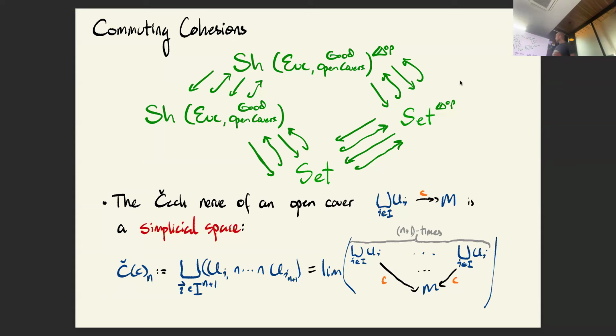It covers M, and then I can take the simplicial space whose n-simplices, it's a space now, not a set, the space of n-simplices, is the disjoint union of the n-fold intersections. So it's all the n-fold intersections, or in other words, it's this iterated pullback over here. And that forms a simplicial space because its n-simplices don't just form a set, but actually a space.